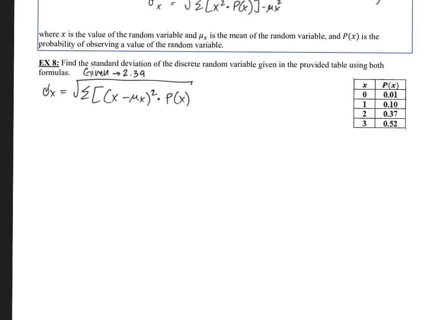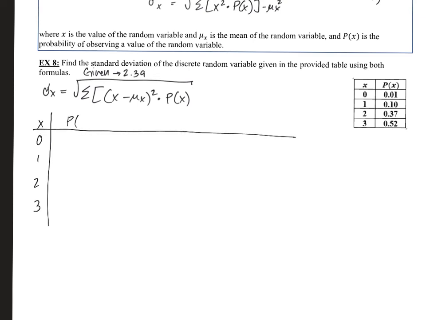So let's set up a chart for this. We have x values 0, 1, 2, 3. Then we have our probabilities, which we already are given: 0.01, 0.10, 0.37, and 0.52.